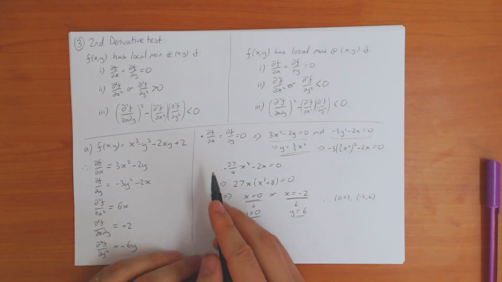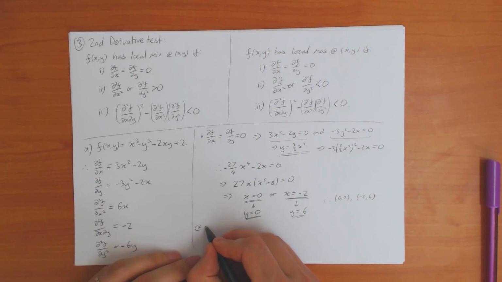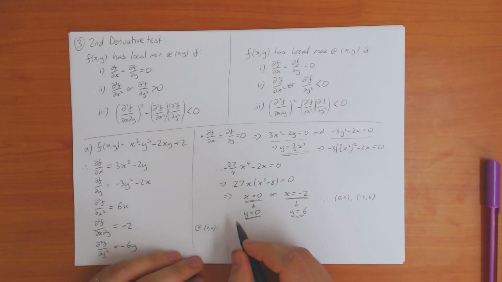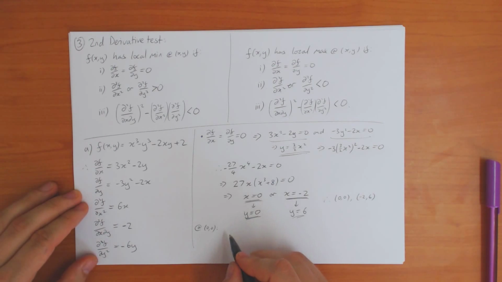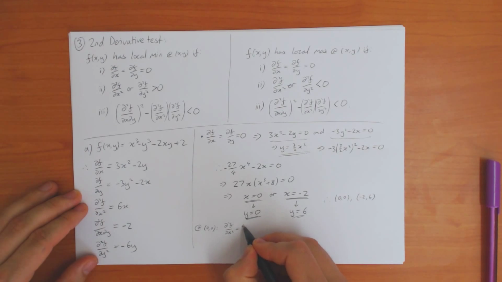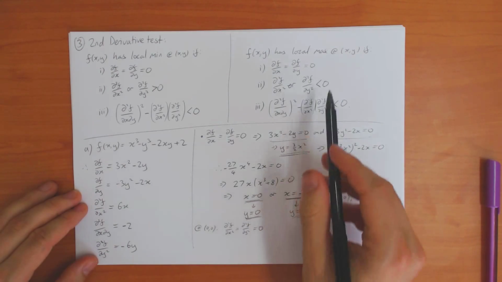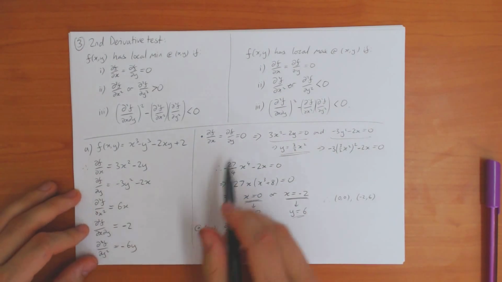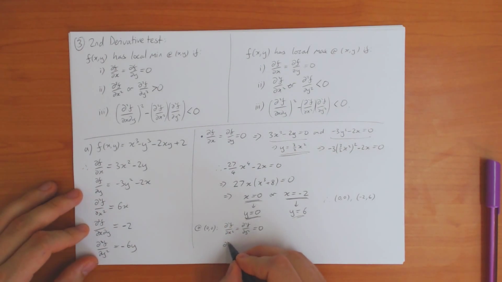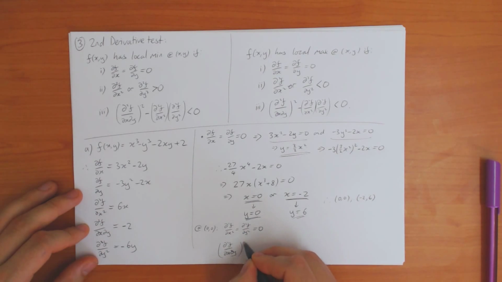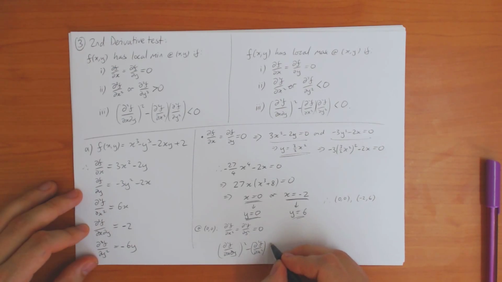So now let's check the second derivative tests. At (0, 0), the second derivatives are 0. d2f by dx squared equals d2f by dy squared equals 0. So that's not good. And also if we look at condition 3, d2f by dx dy squared minus d2f by dx squared times d2f by dy squared.